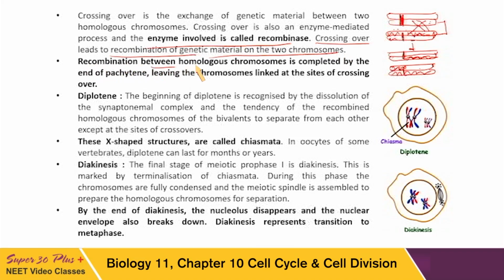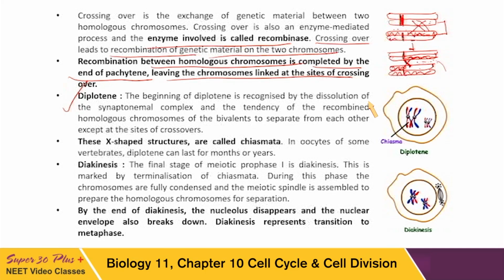Recombination between the two homologous chromosomes is completed by the end of pachytene, leaving the chromosomes linked at the sites of crossing over. Even now, it has been exchanged, but they are found linked like this. The beginning of diplotene is recognized by dissolution of the synaptonemal complex.